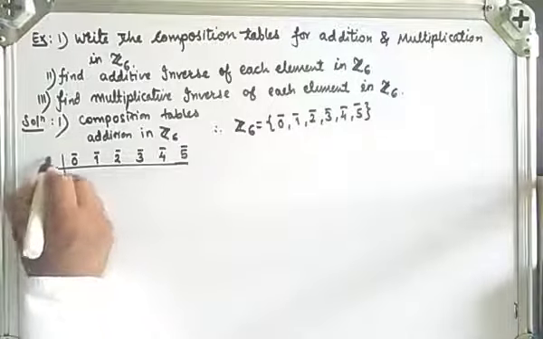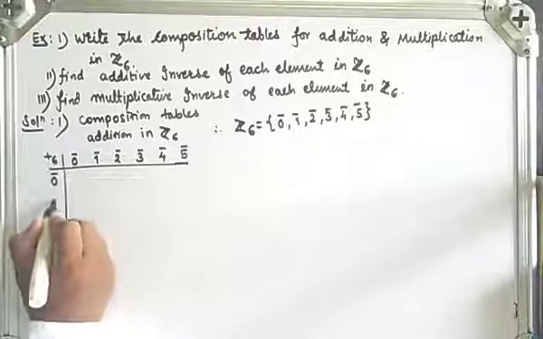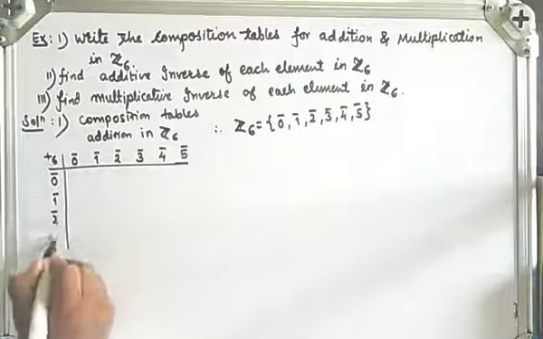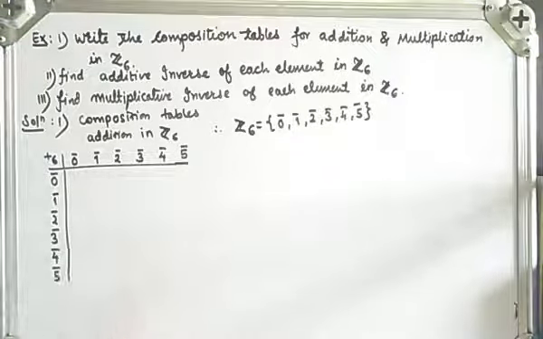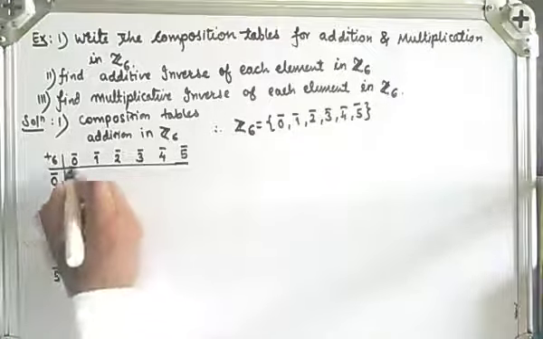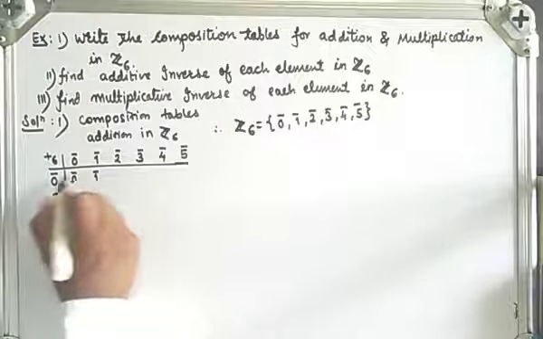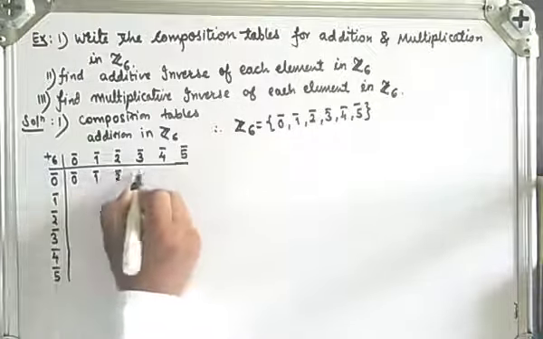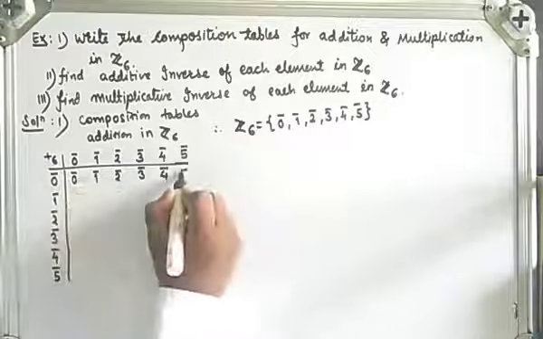So we write 0 bar, 1 bar, 2 bar, 3 bar, 4 bar and 5 bar. This is addition modulo 6. So 0 plus 0 is 0 bar, 0 plus 1 is 1 bar, 0 plus 2 is 2 bar, 0 plus 3 is 3 bar, 0 plus 4 is 4 bar, 0 plus 5 is 5 bar.